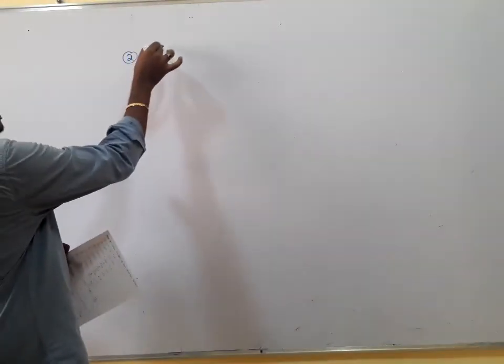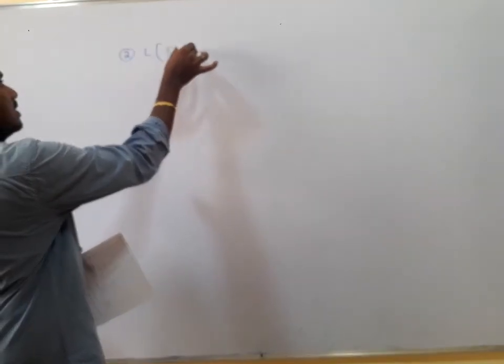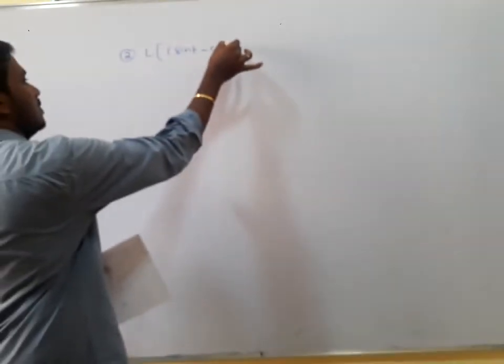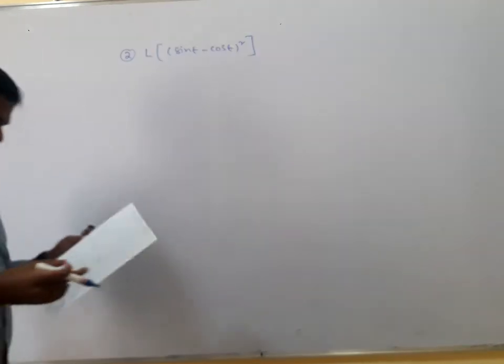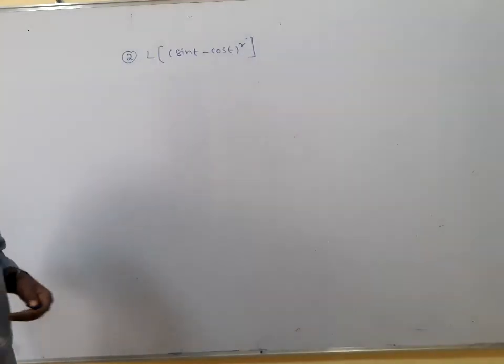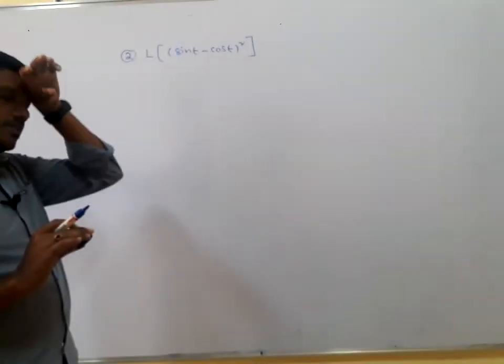Next, second one: Laplace transform of (sin t minus cos t) whole square. See, we have the formulas for the independent functions, right?